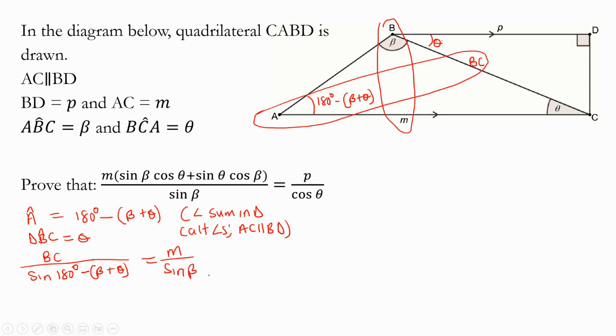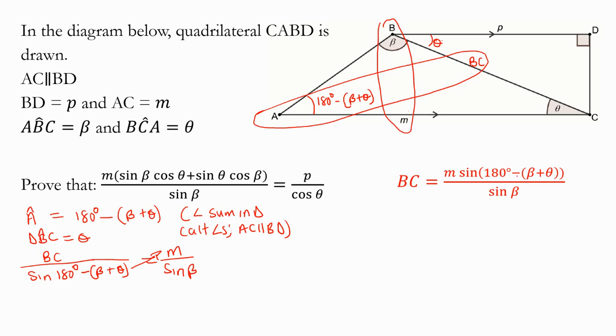Then we make BC the subject by multiplying by the denominator, and we get that BC is equal to M sine of (180 minus (beta plus theta)).